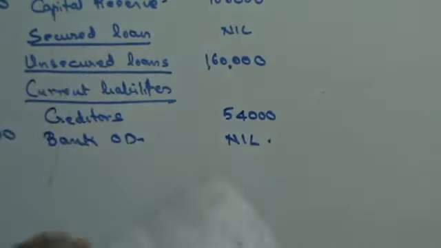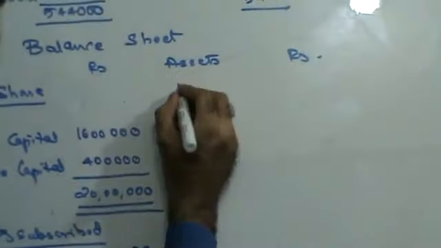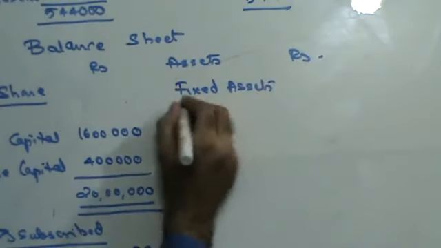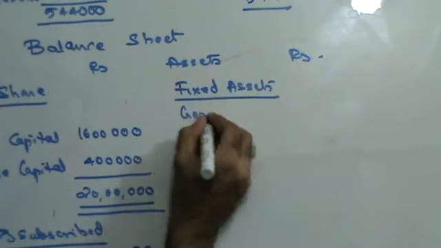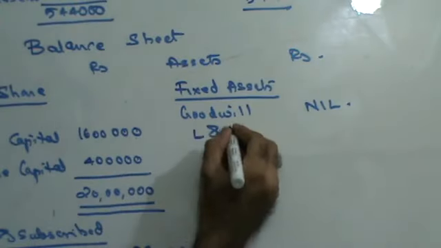Next, let's move on to the asset side. Fixed assets. Goodwill. Goodwill is 40,000 and you have goodwill on the credit side. Nil. For assets, the rule is add debit, subtract credit. Land and building.